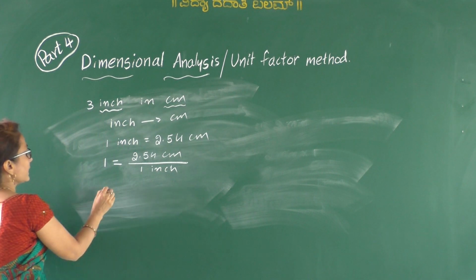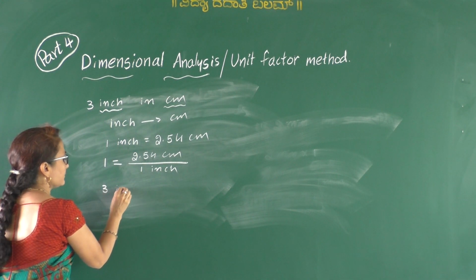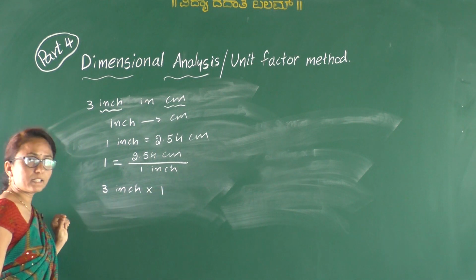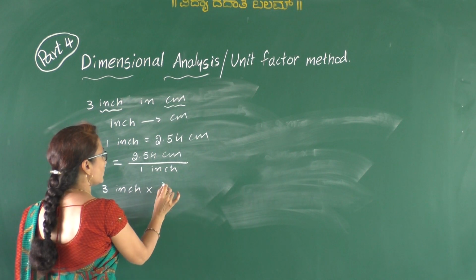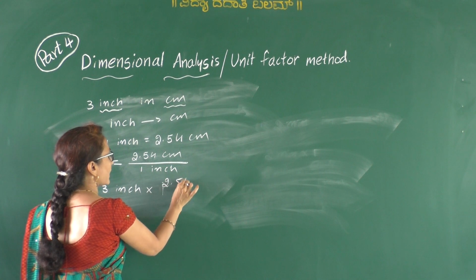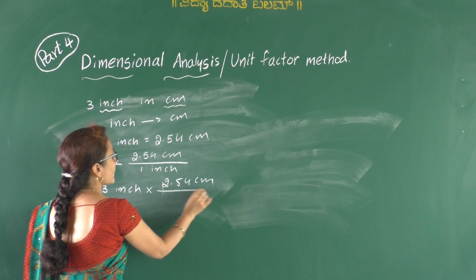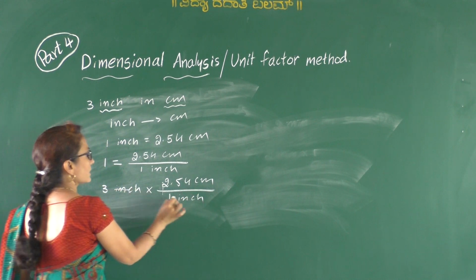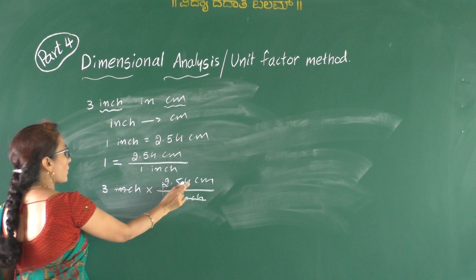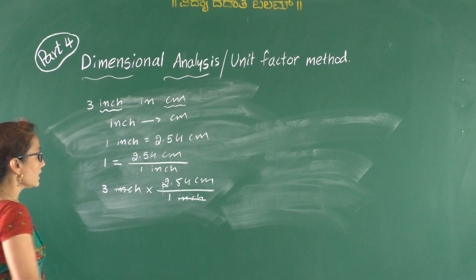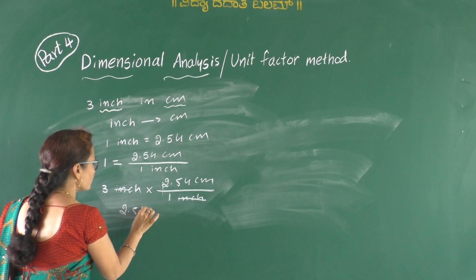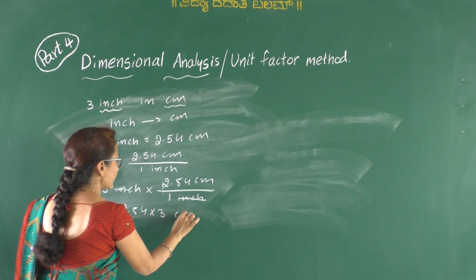Now write the given value, that is 3 inch, multiplied by the unit factor, 2.54 centimeter divided by 1 inch. Inch gets cancelled, so we have 2.54 into 3 centimeter.